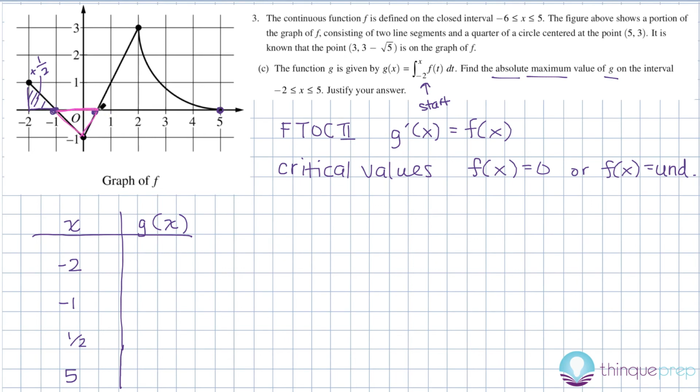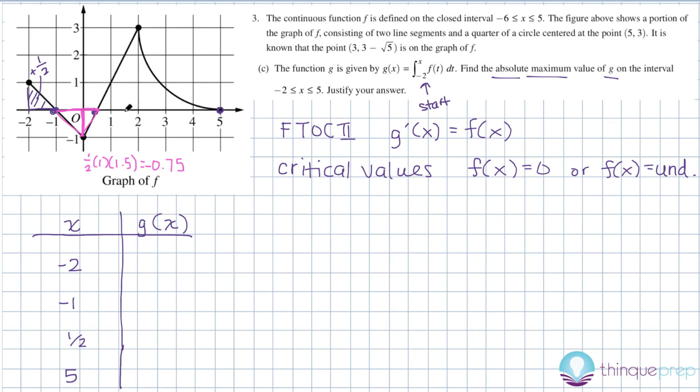We'll treat this as the base. The base is 1.5. We'll treat this as the height. That's 1. So 1/2 times 1 times 1.5, which is the base, is equal to 0.75. But since it's under the x-axis, it's negative.